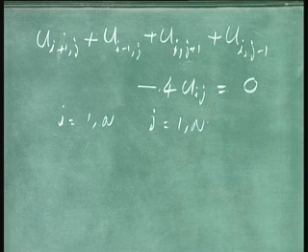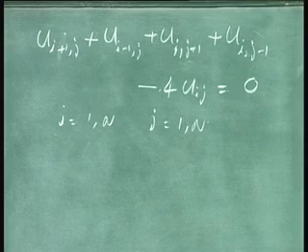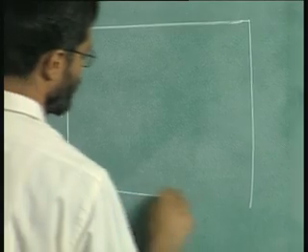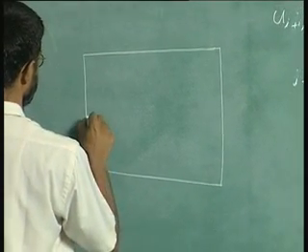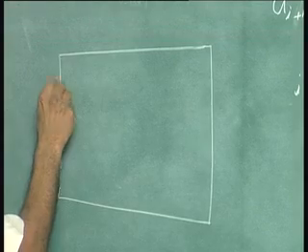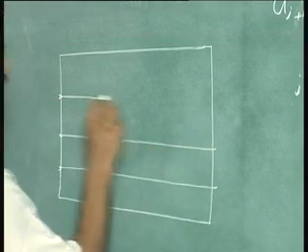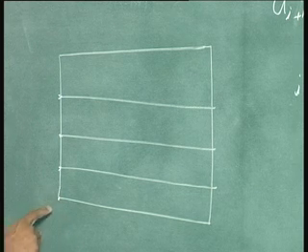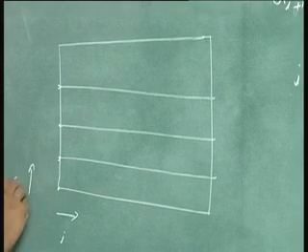So let's take a small grid and write this down explicitly. Let us say we have a grid like this. We have the i value going in this direction and the j value going in that direction.